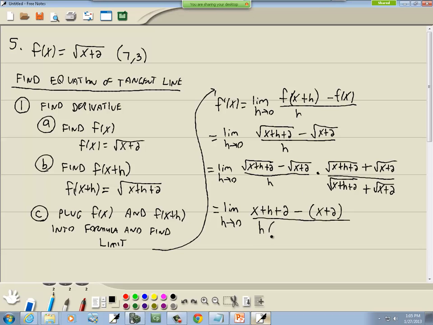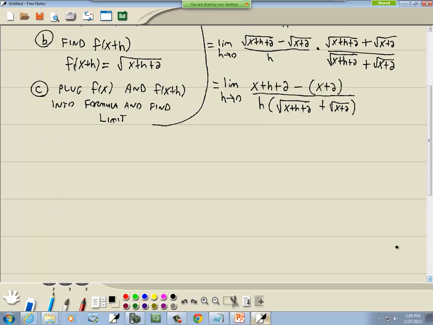The bottom part I'm not going to actually multiply through, because we hope that'll simplify, and cancel. Okay, so up on top, x plus h plus 2.